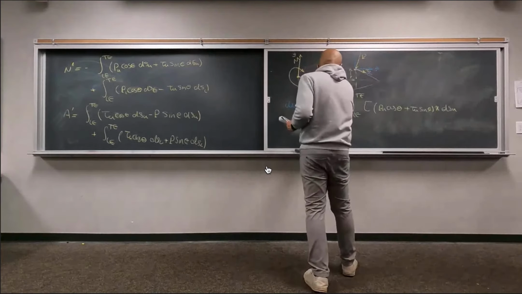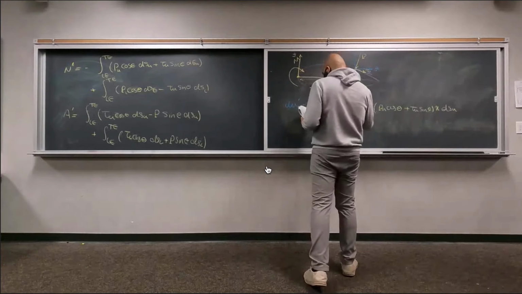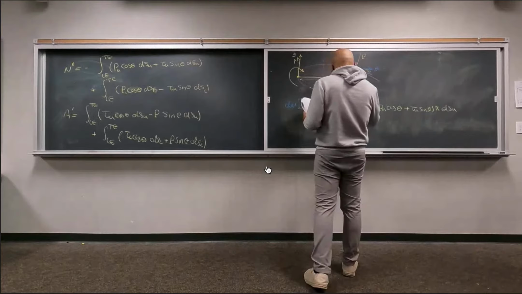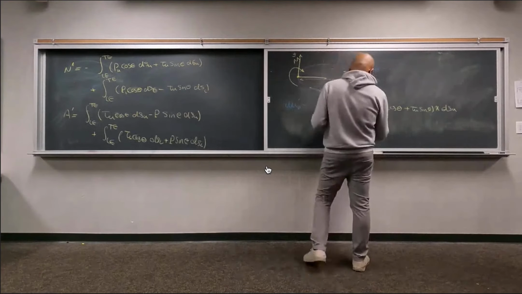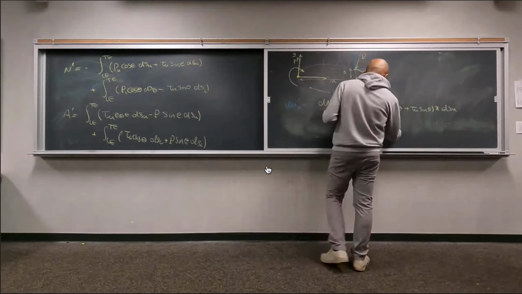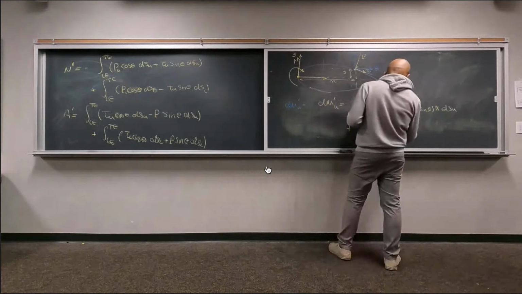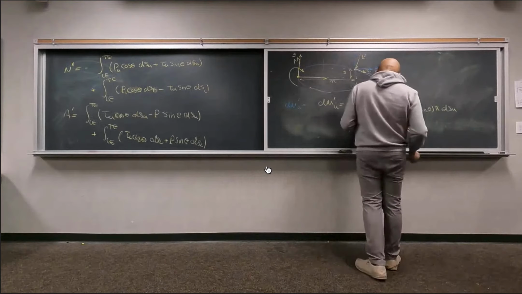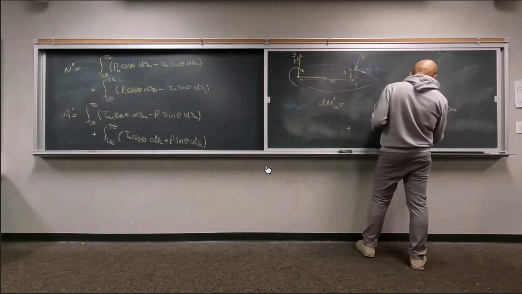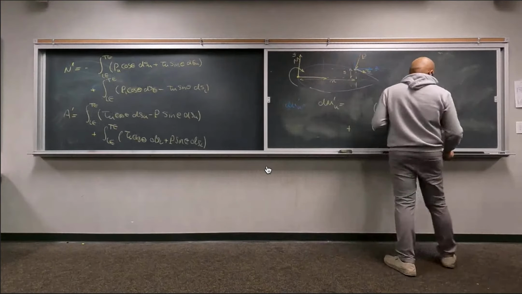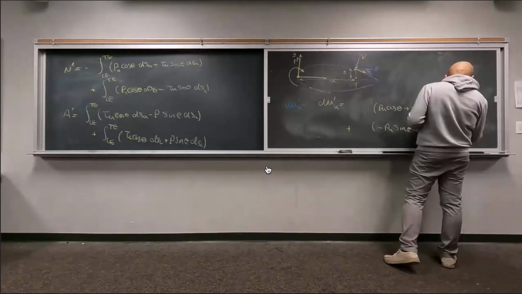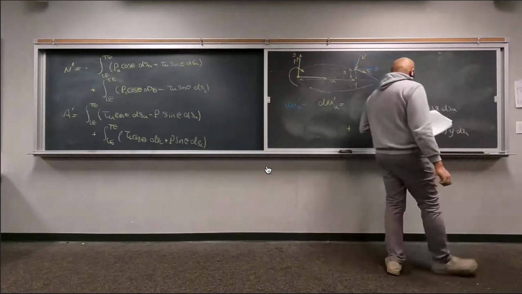I'm sorry, dM prime, there is no integral. So P_u cosine of theta times x ds_u, plus negative P_u sine theta plus tau_u cosine theta times y ds_u.